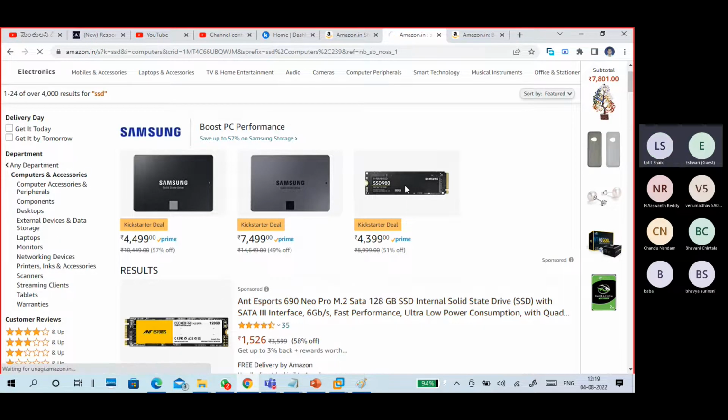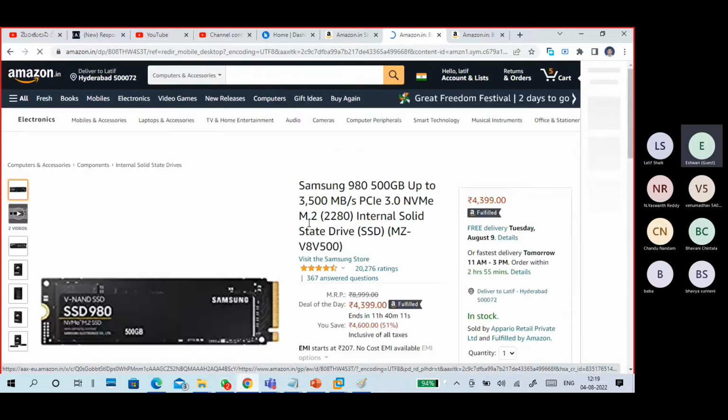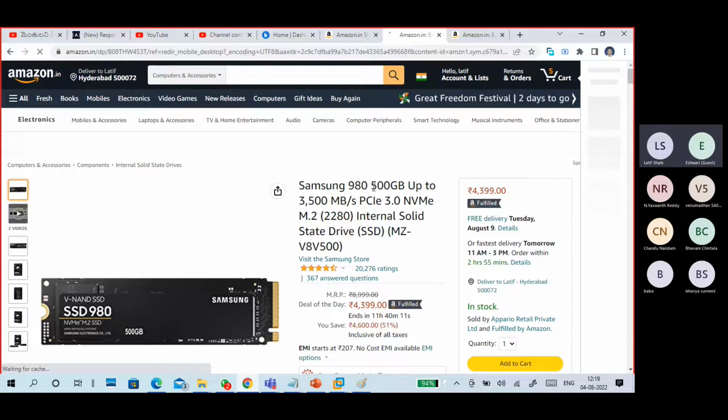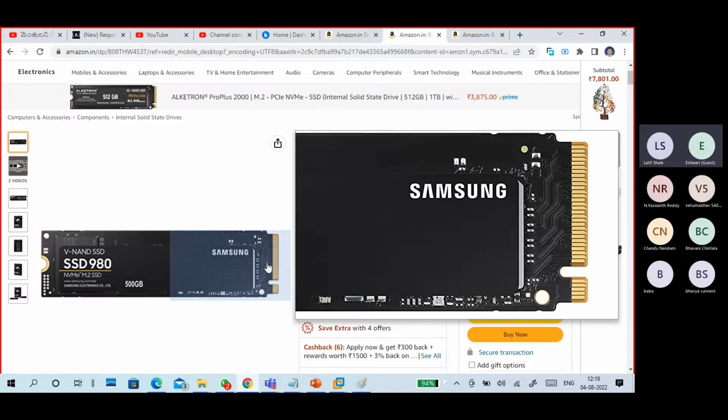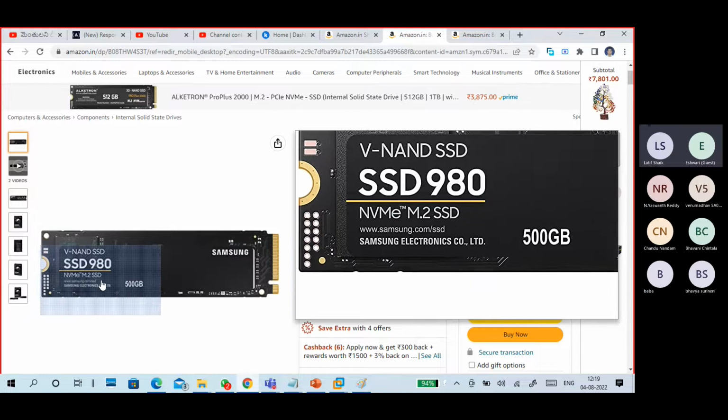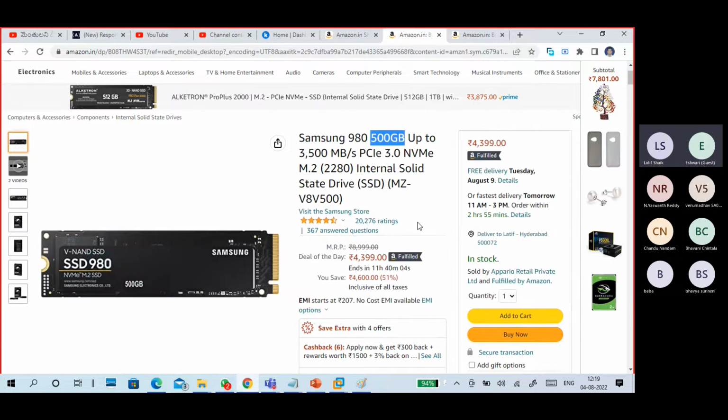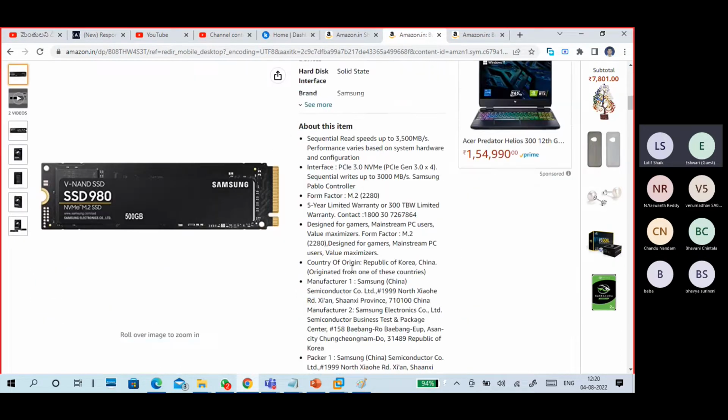So this is a Samsung 500 GB NVMe M.2 SSD, and it is also faster for data. It is faster than a SATA interface SSD.